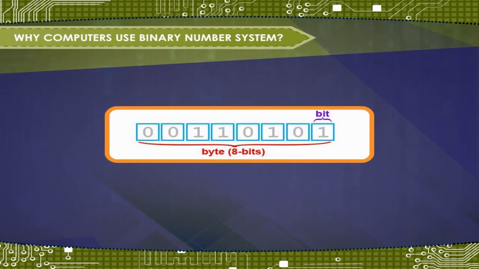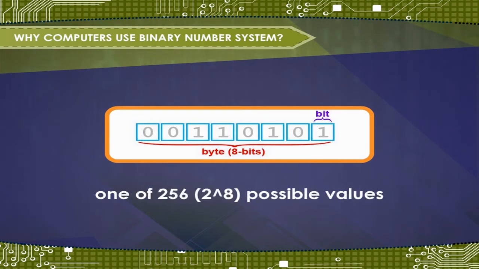A series of 8 bits makes a byte. This is an ordered sequence of 8 bits that can represent one of 256, or 2 to the power of 8, possible values. So a byte of memory can store a decimal number in the range 0 to 255.